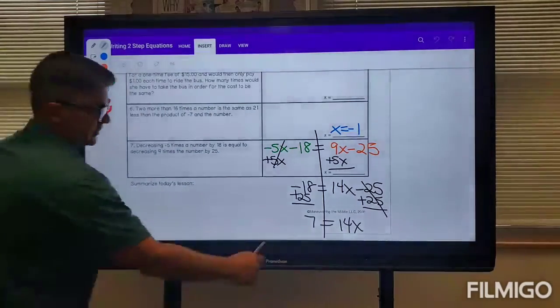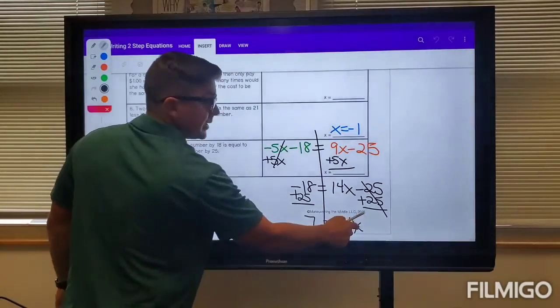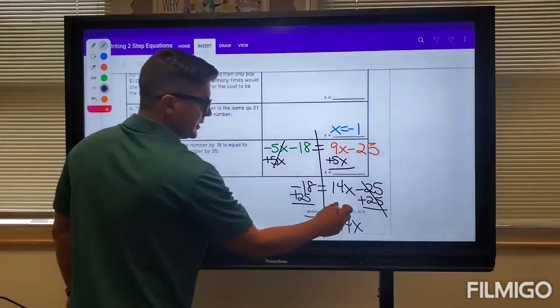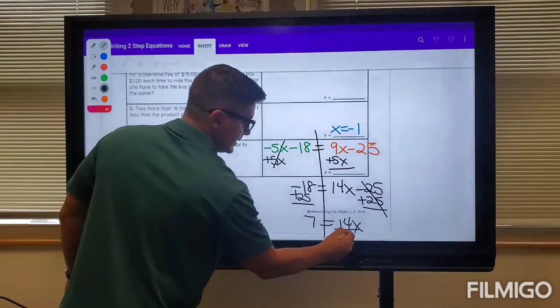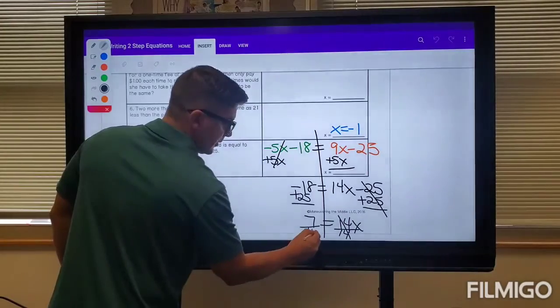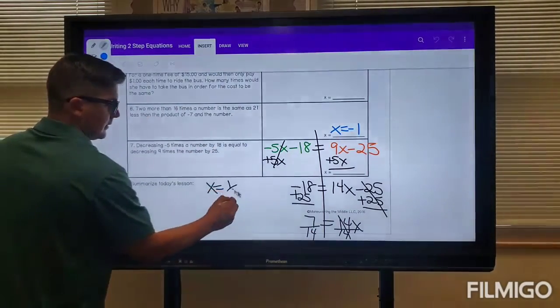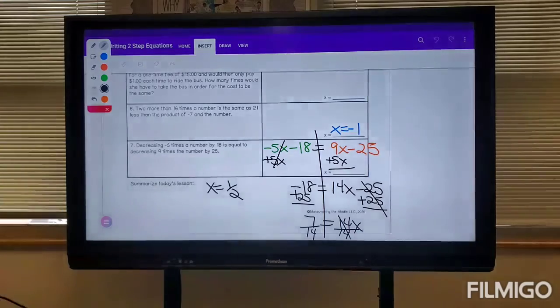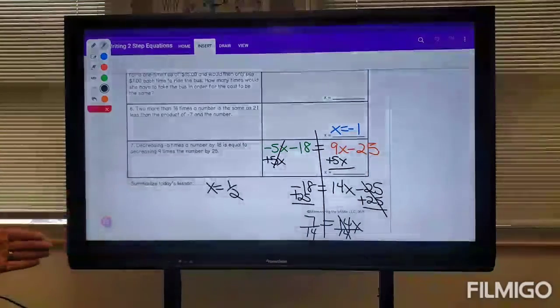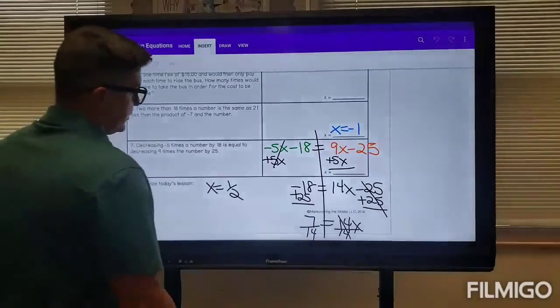Now be careful because we have 14 times x, so now we have to do the opposite. We have to divide by 14. So 7 divided by 14, which would be a half. Okay, it's not 2, it's not 14 divided by 7, it's 7 divided by 14.